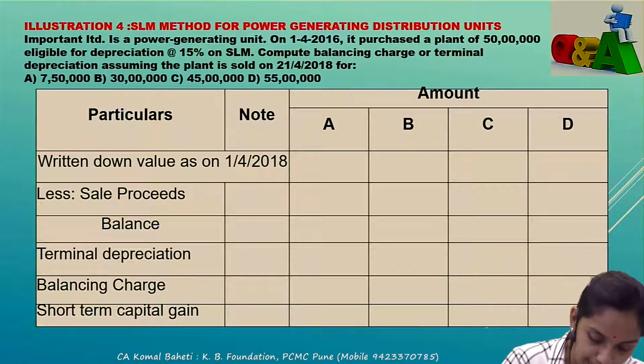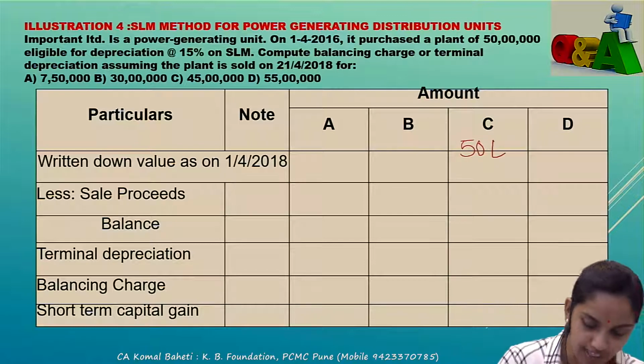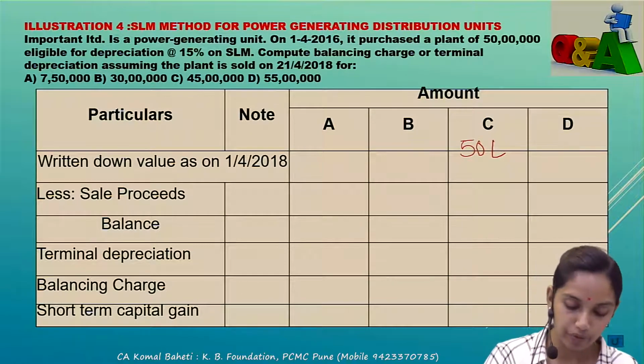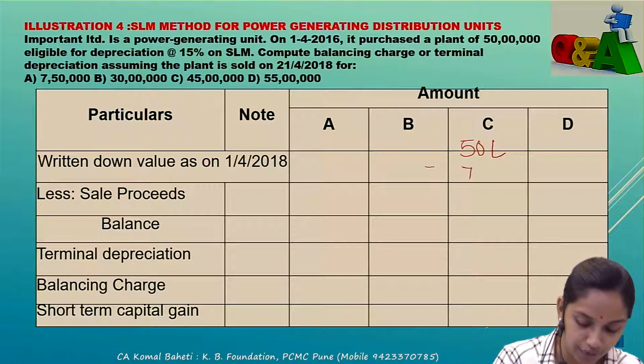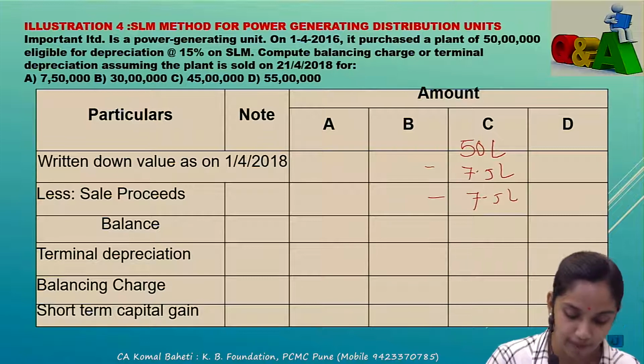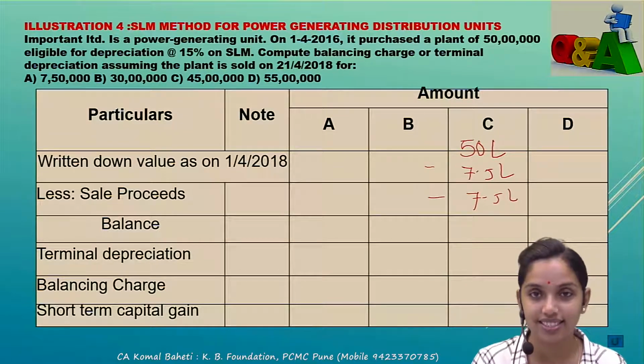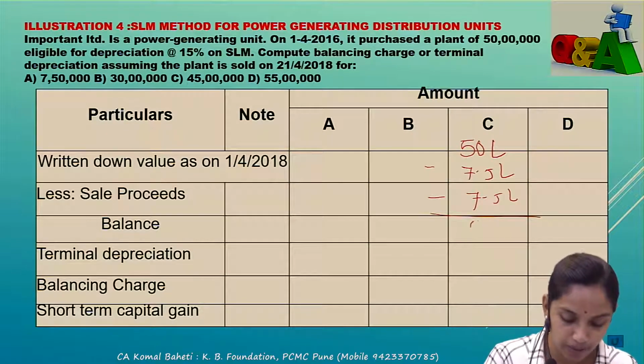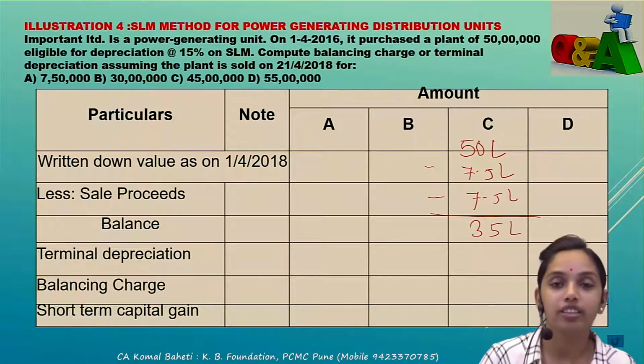So the 50 lakh is the original cost of the asset, and you will need to minus the depreciation for the 2 years at 15%. So how much is the 15% depreciation? That would be 7,50,000. On SLM basis of depreciation, every year the depreciation would be the same. So 50 lakh minus the depreciation of 15 lakh. So how much will become your WDV? That would become 35 lakh.